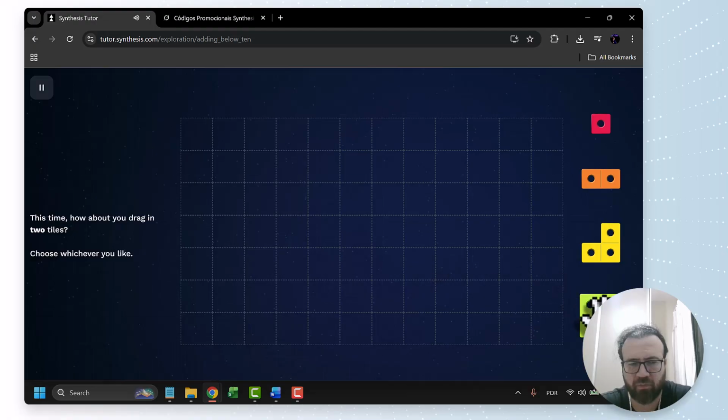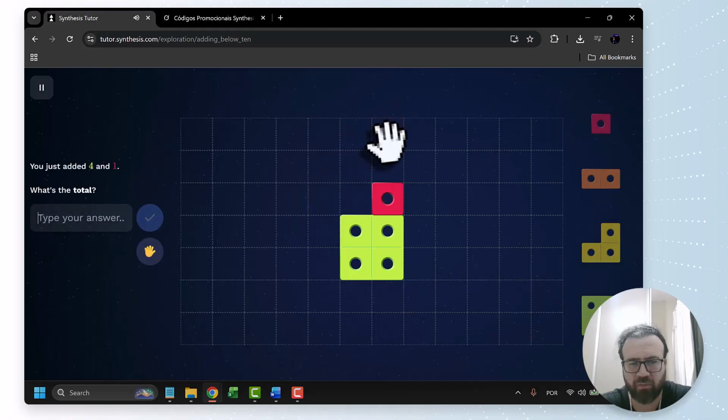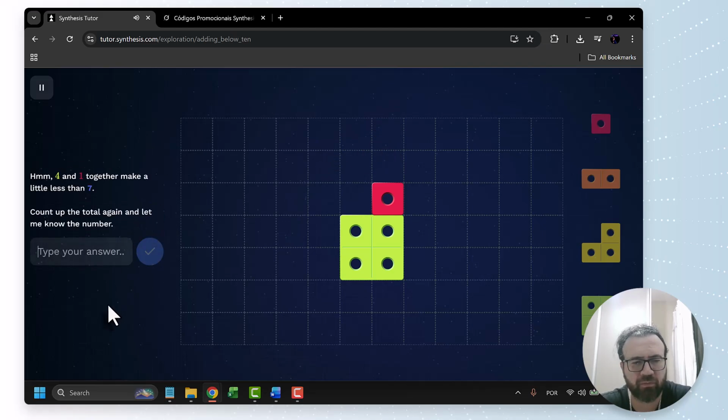Choose whichever you like. Okay, now you just added 4 and 1. What's the total? 4 and 1 together make a little less than 7.